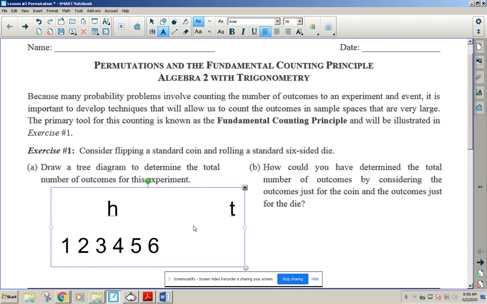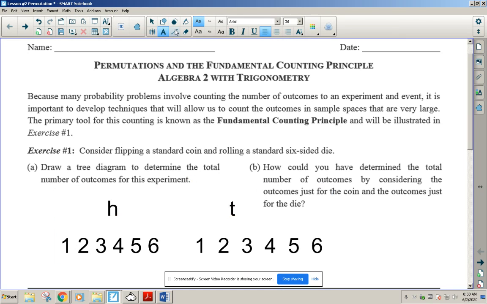Then I say to myself, well, what if I didn't get heads first? What if tails came first? Well, if tails came first, I could have flipped tails and a 1, or tails and a 2, or tails and a 3, or tails and a 4, or tails and a 5, or tails and a 6. So that is how I started my tree diagram yesterday.